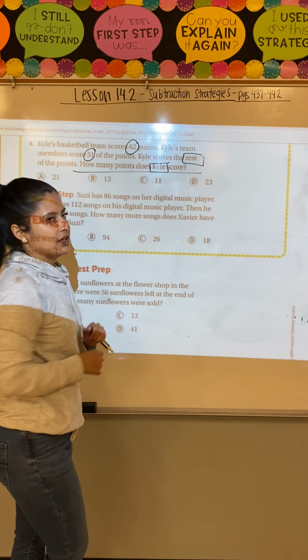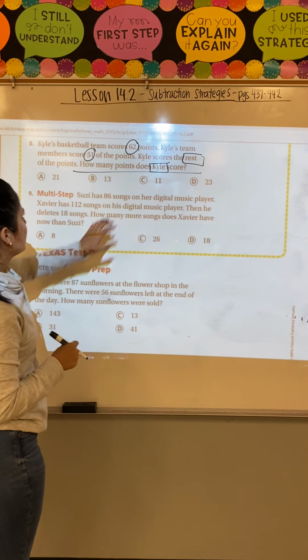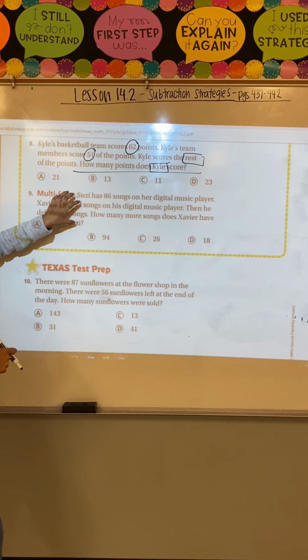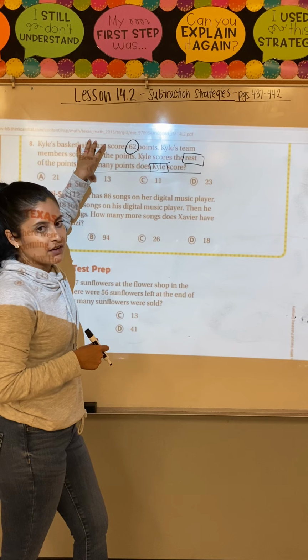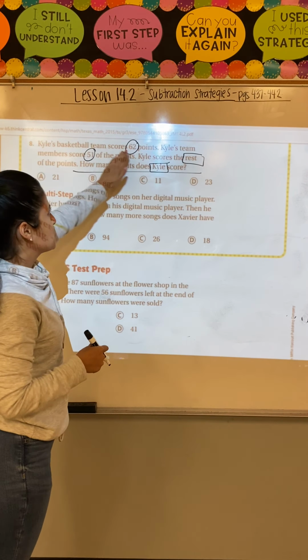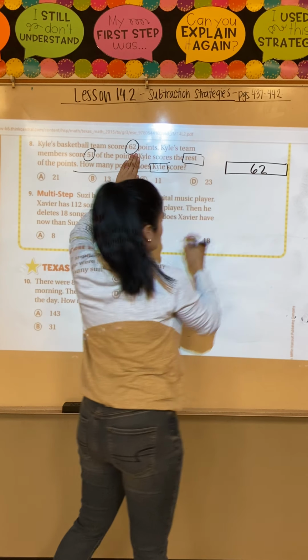And that's what we're looking for. Now let's ask ourselves, are we going to add 62 and 51? No, I'm not looking for the number of total points they scored all together. I'm already given the total. The total that team scored was 62. That's my whole. It's not going to be bigger than that.